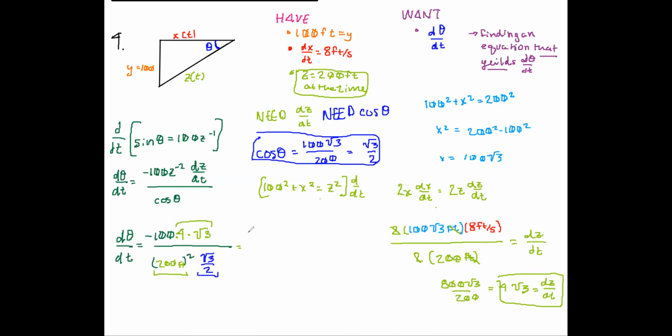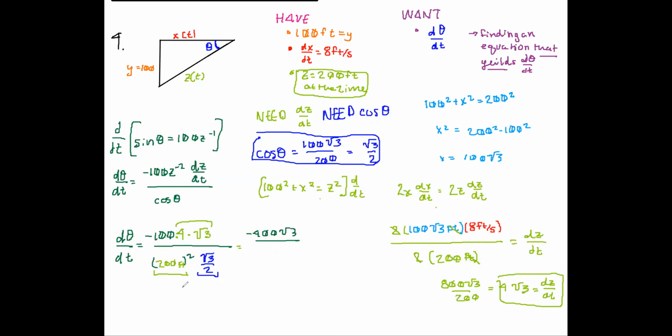And this is going to turn out to be negative 400 root 3 over, this is 200 divided by 2, so 100 root 3. Am I right? I don't think this is right, I'm missing something. 200 feet squared. It's squared.